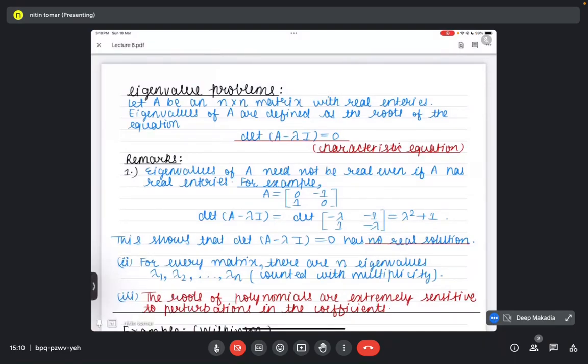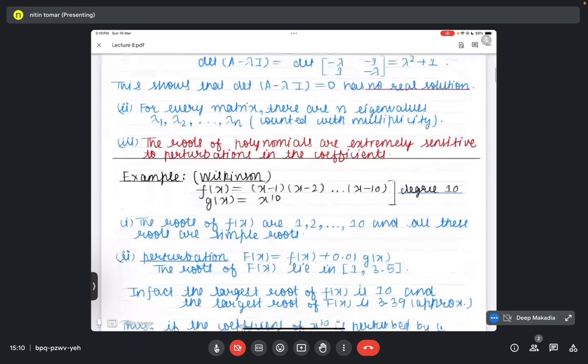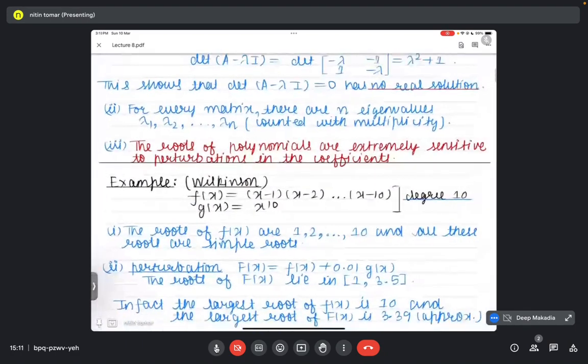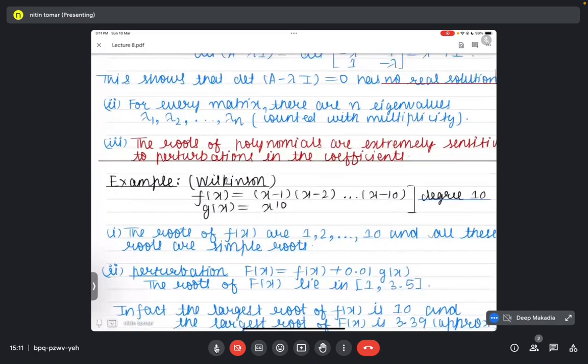Second remark: for every matrix, there are n eigenvalues lambda 1, lambda 2 up to lambda n, counted with multiplicity.